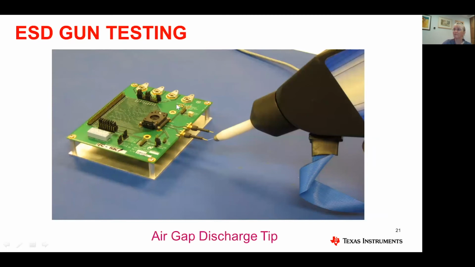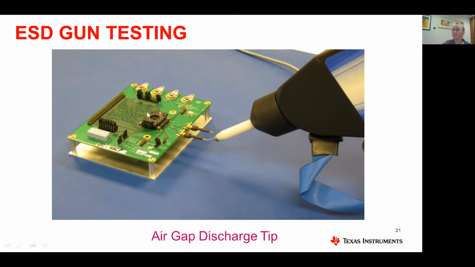This is how we test to make sure. Ideally, at the end of the day, you need to test the vehicle to make sure it is safe and doesn't get disturbed by any of the ESD events. But we don't want to wait until the very end to make sure that's the case. Every subsystem, as it's built up, will get tested.